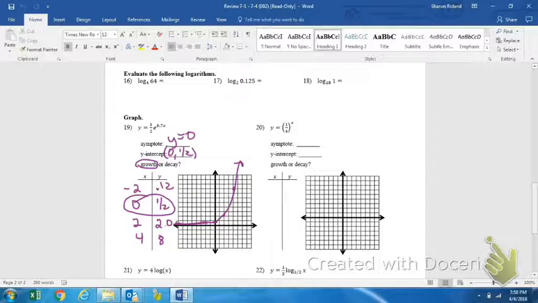All right, on number 20, you need to put that into y equals. And that's going to be parentheses 1/4 to the exponent x. And graph that. And let's get some points.